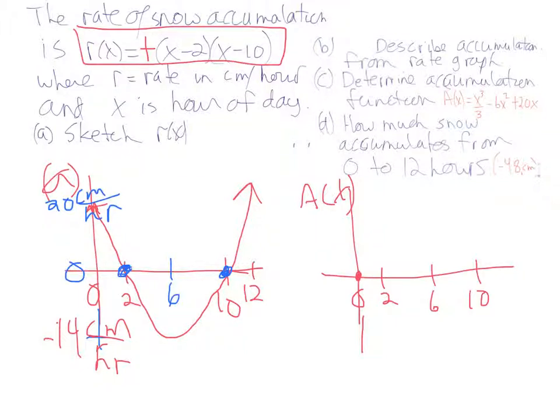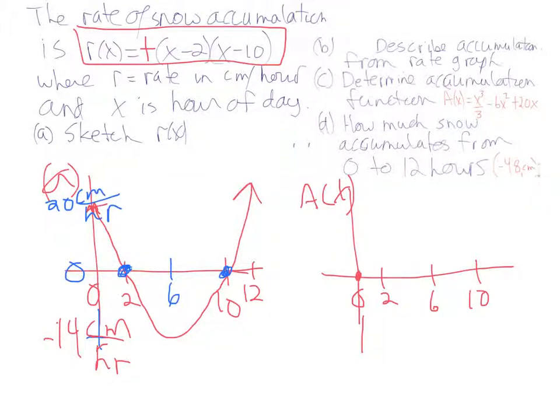So let's think about that. The snow accumulates for the first 2 hours, but at a lower and lower rate. It's snowing hard at 0, and just before it stops snowing, it's not snowing very much at all, and then it switches and starts to melt. So that means at this location we're going to have some sort of vertex, or what we call a turning point.